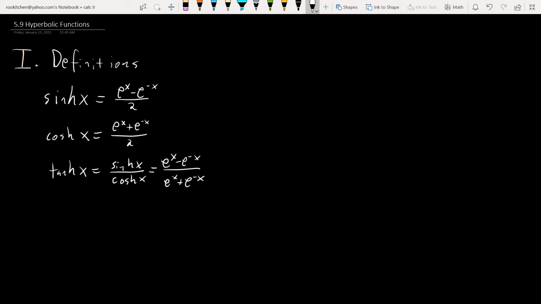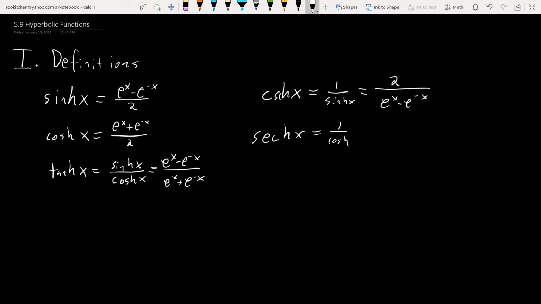Okay, and then we can get the other basic hyperbolic identities just using these three. So csch, hyperbolic cosecant, is really just 1 all over sinh, so this will be 2 all over e to the x minus e to the negative x. Hyperbolic secant, or sech, is just going to be 1 over cosh, so that will be 2 all over e to the x plus e to the negative x.